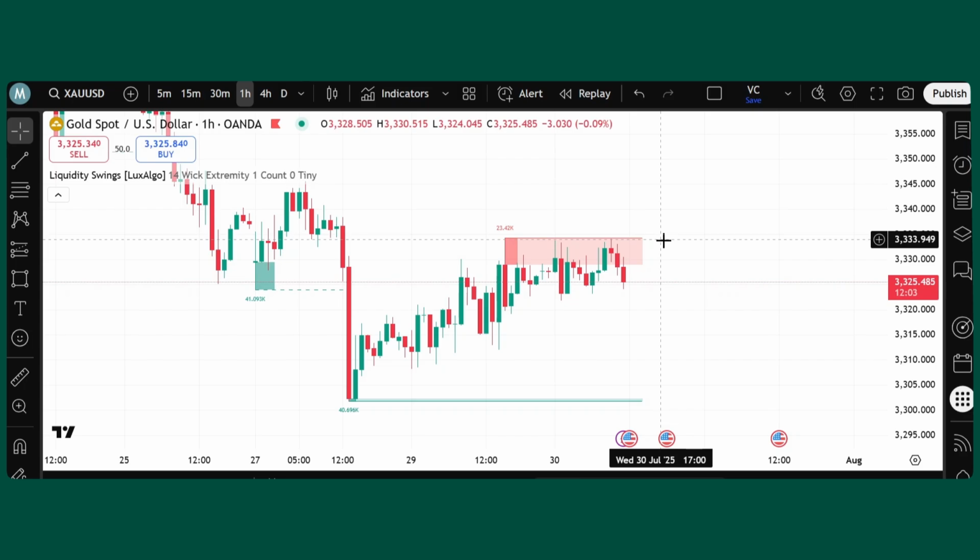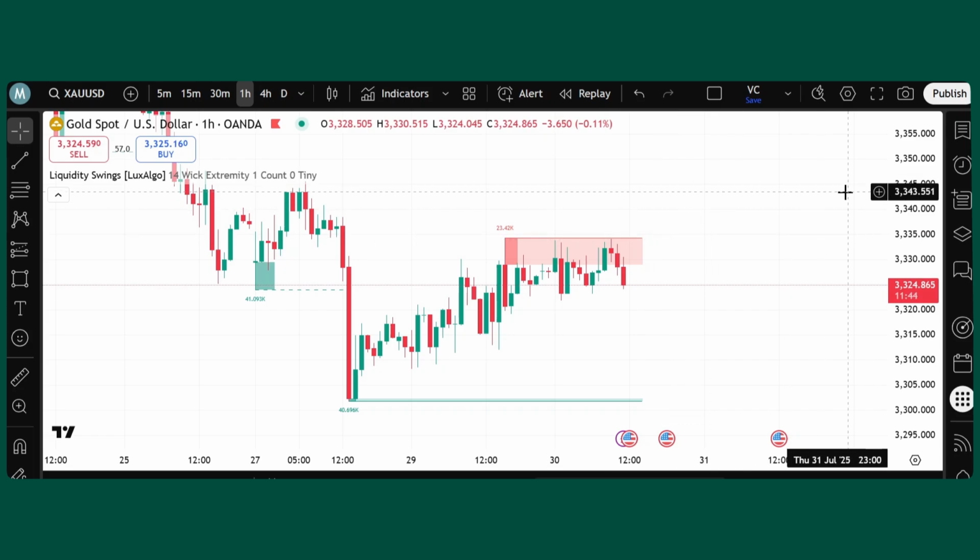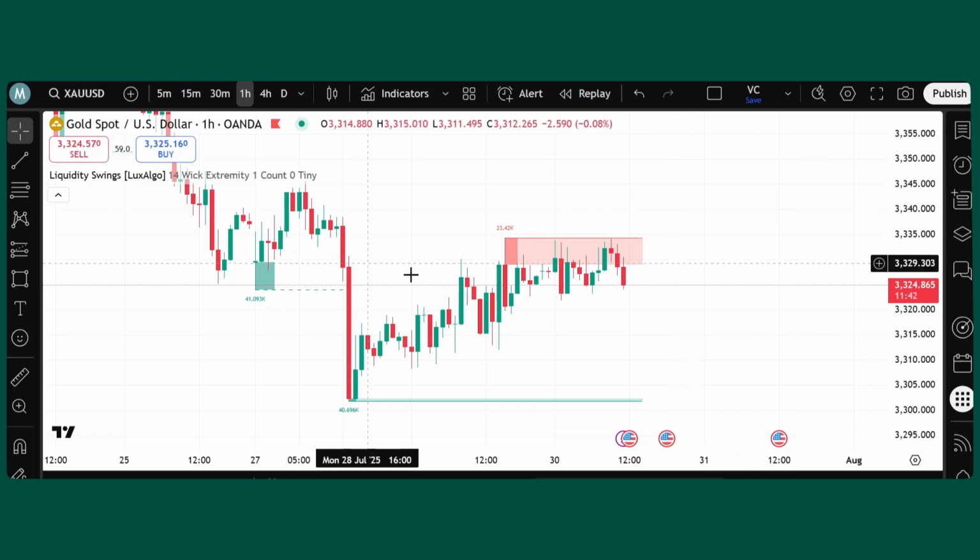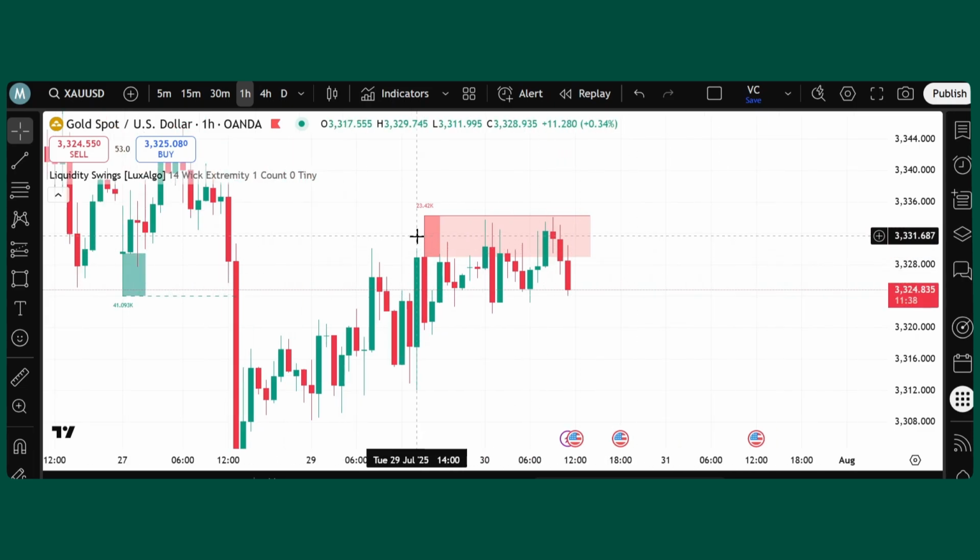The liquidity swings indicator is a powerful tool that helps traders identify areas on the chart that are rich in trading activity. It shows you areas where price has frequently revisited, and it highlights accumulated volume within them. As a trader, you can use this indicator to highlight critical swing areas which often serve as future points of support and resistance.